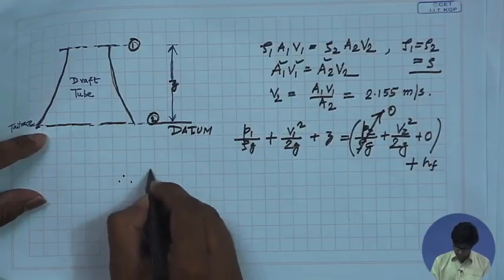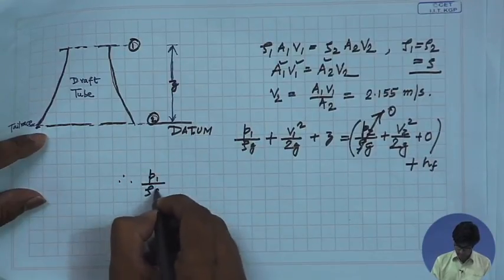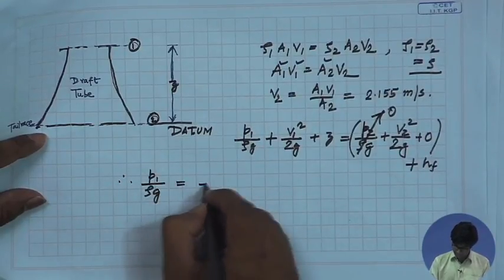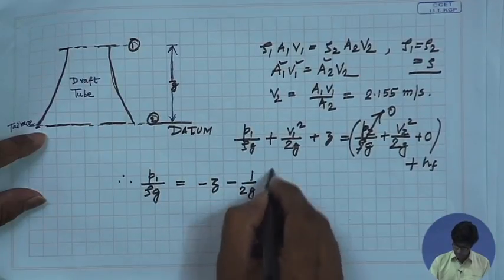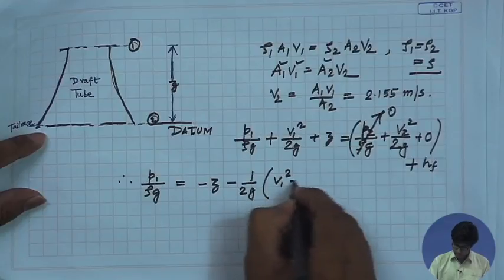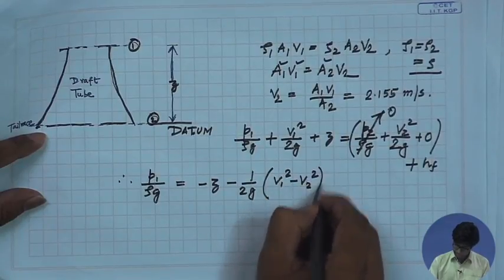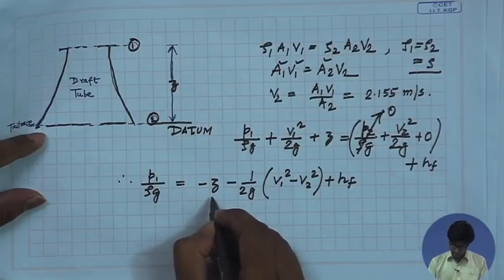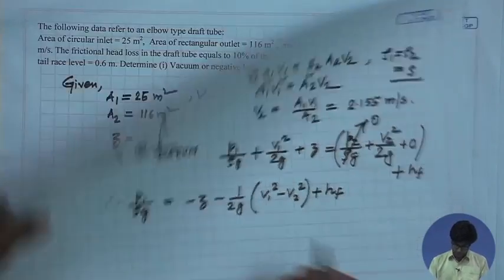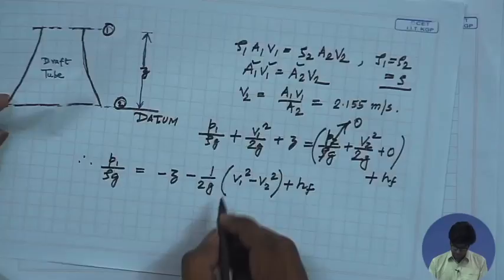So, ultimately the pressure head at the inlet can be written as minus z minus 1 by 2g (V1 square minus V2 square) plus Hf. We know the value of z, it is given as 0.6 meters.